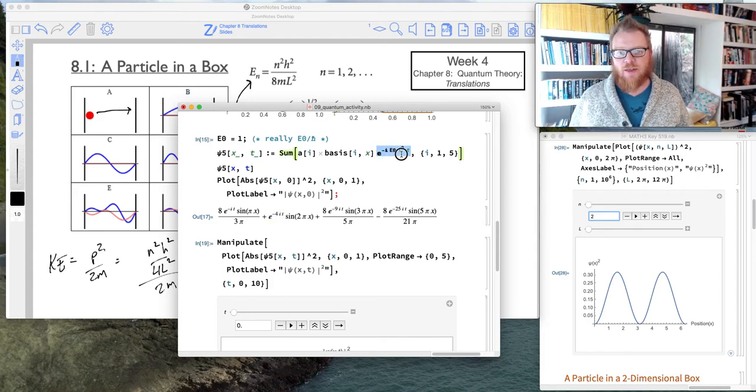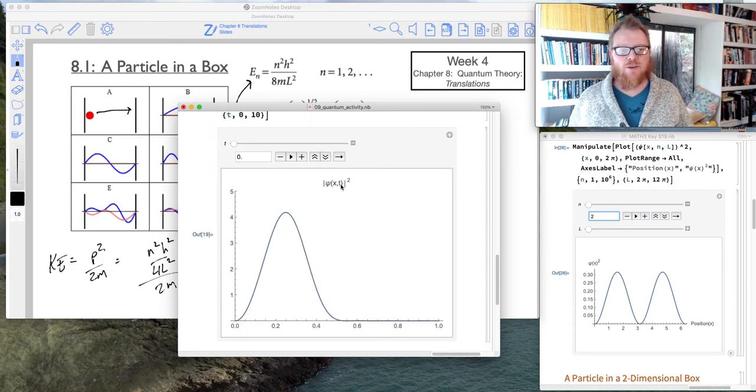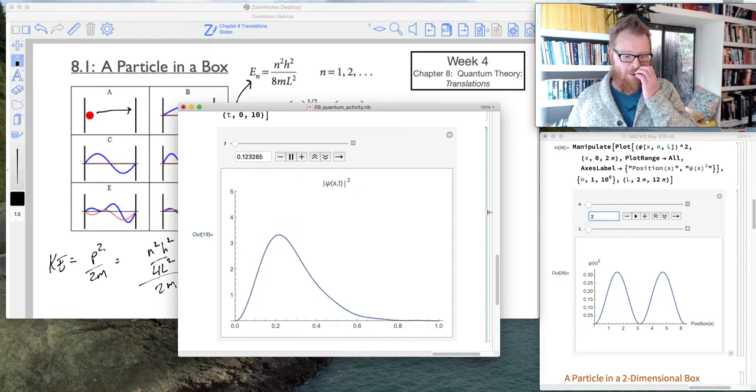You can also see another function right there, e to the negative i energy times t for time. This is psi squared of our particle in the box. We're going to see this particle move back and forth in this box, and see what it looks like when the wave functions are evolving in time. Let's push play. I'm going to make it go nice and slow.